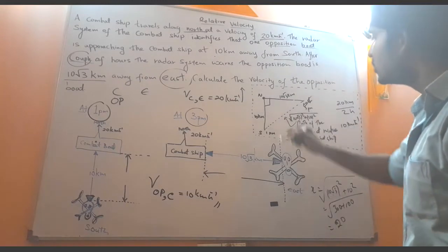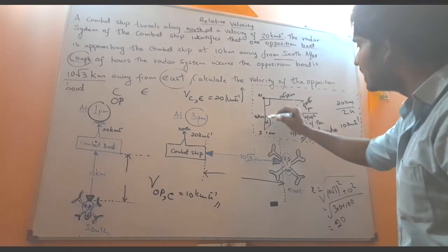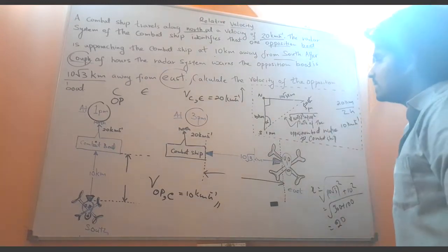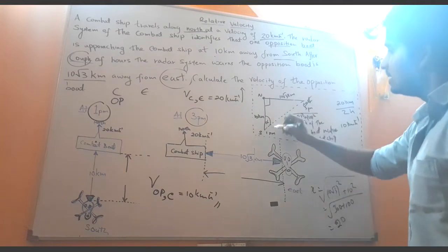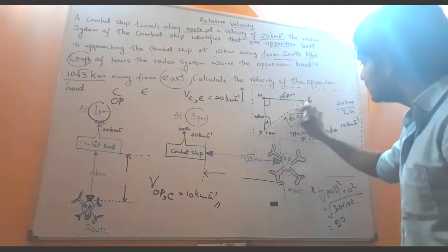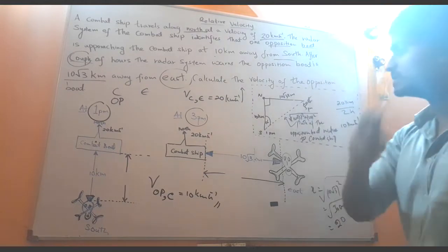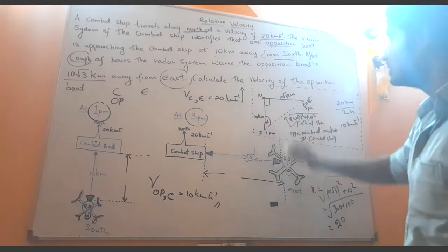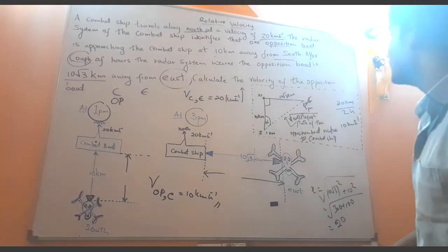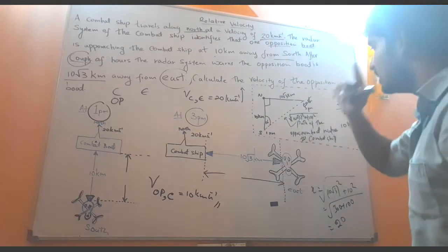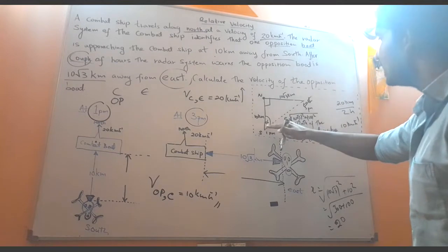See, here you can observe some angle alpha, because this is traveling with respect to this angle. So you have to give some consideration to this angle.